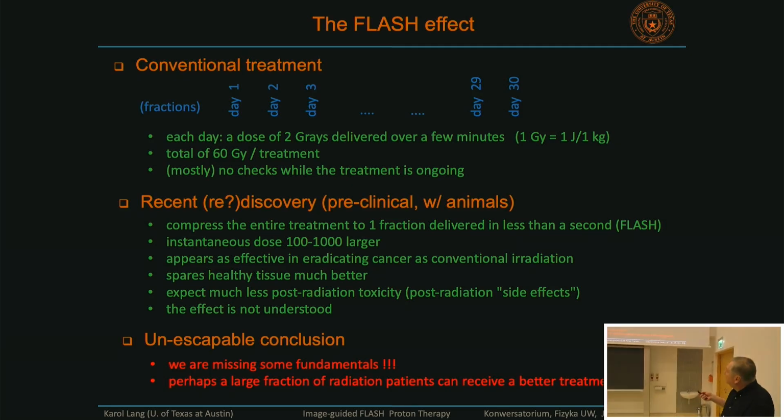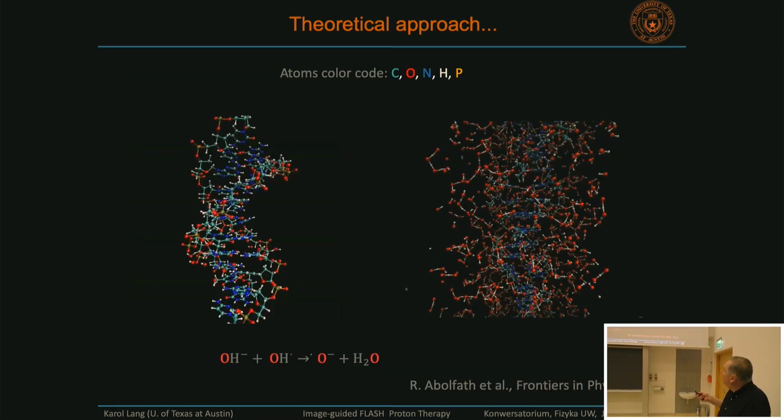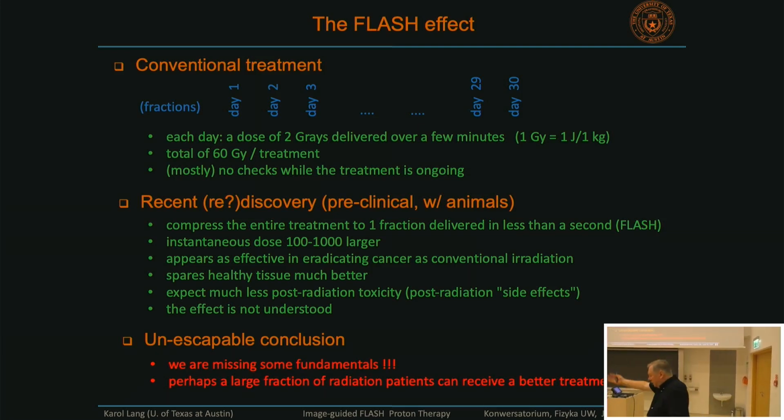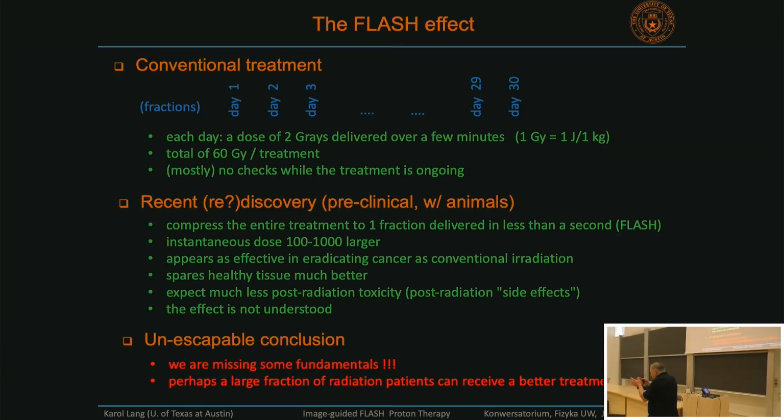Now, recently, people have perhaps rediscovered, it's actually a jury's out whether it's true or not, that it turns out that if you compress the entire treatment from 30 days to just one shot, and not only compress it to one shot, but also rather than using 30, 40, 50 seconds, you have actually a fraction of a second. So you're compressing into instantaneous rates which are of the order of 1,000 times higher than in the conventional irradiation.